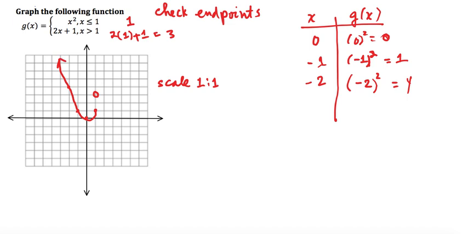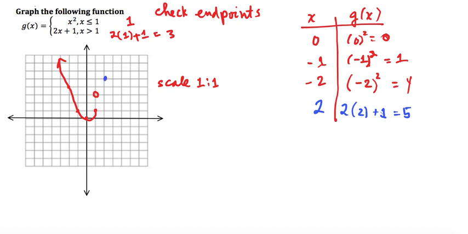Okay. Now I'm going to switch colors and let's just do the other side of this. What if we have a number that's bigger than 1, like 2? Well, if it's a number that's bigger than 1, then we're going to use this other function. So this is 2 times 2 plus 1, so that's going to equal 5. So 2, 1, 2, 3, 4, 5.